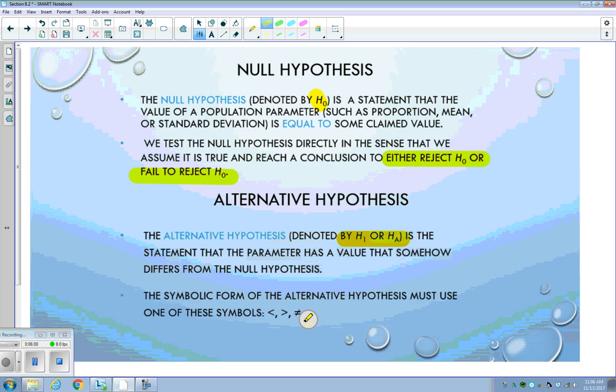Here's a key thing to know. Your null hypothesis will have an equal sign. Your alternative hypothesis will either have a greater than, a less than, or a not equal to.